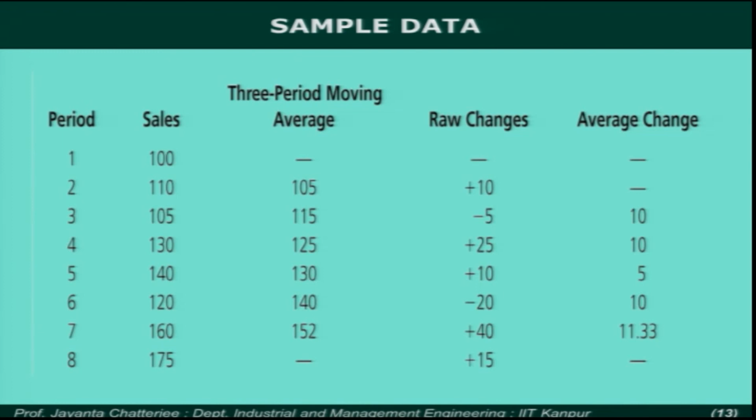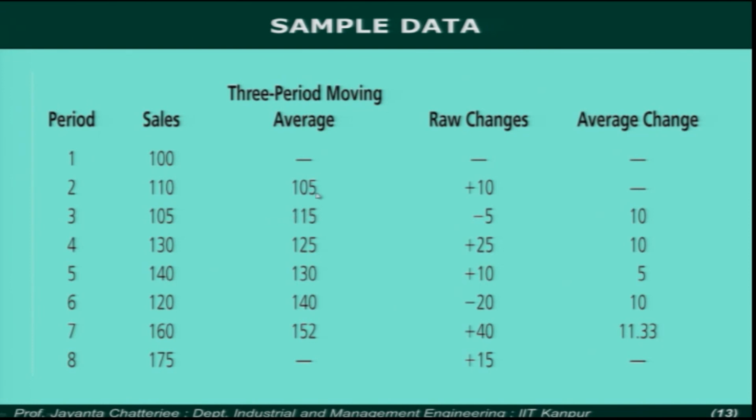So, the moving average is a 3 period moving average. You see in the second column, 100 plus 110 divided by 2, that average is 105. In the next one, we add these and divide by 3, which gives us this particular number.